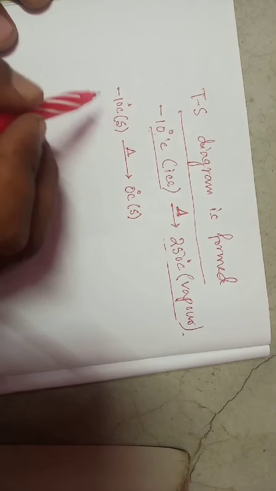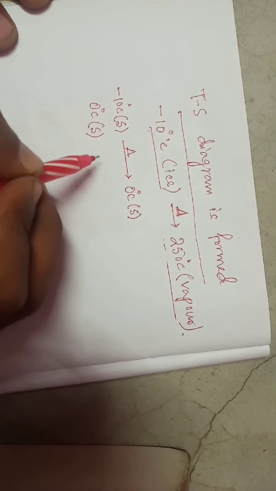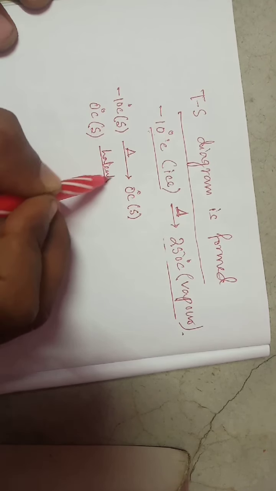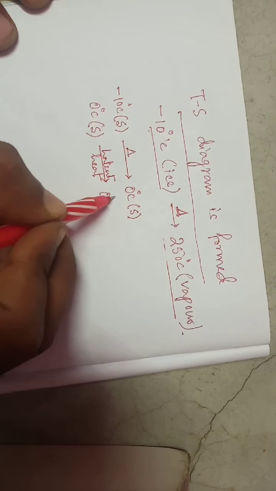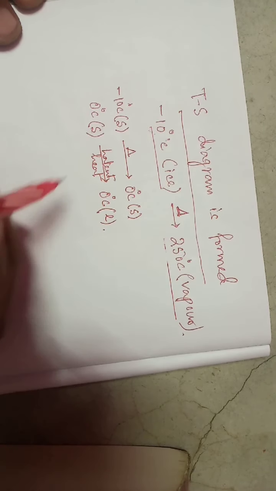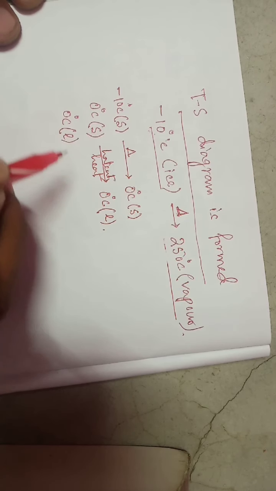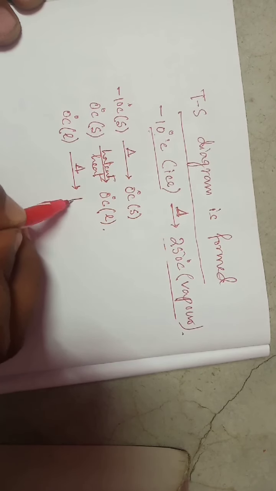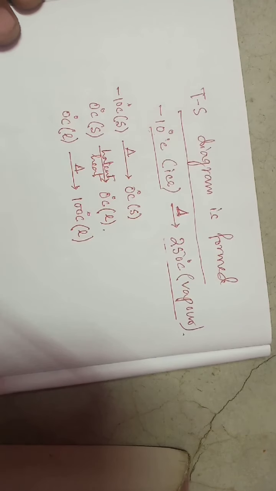What will be the second step? Now this 0 degrees centigrade of solid is taking latent heat and comes into 0 degrees centigrade of liquid form. Now again, the 0 degrees centigrade of liquid will take sensible heat and come into 100 degrees centigrade of liquid form.